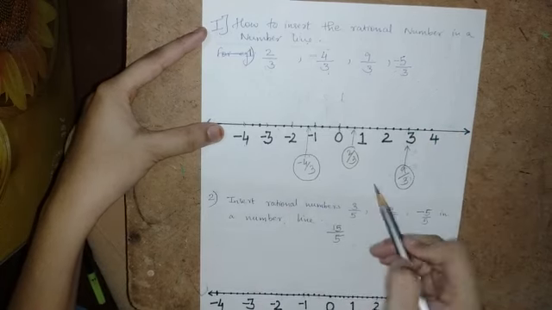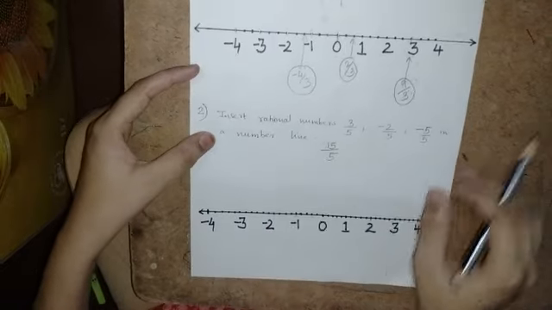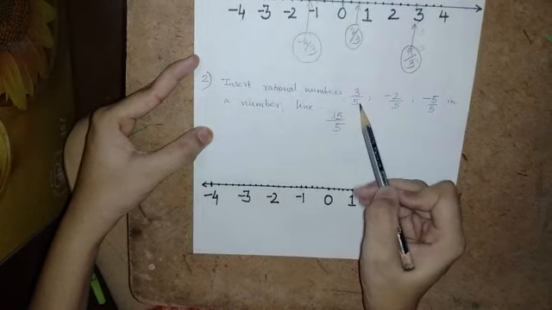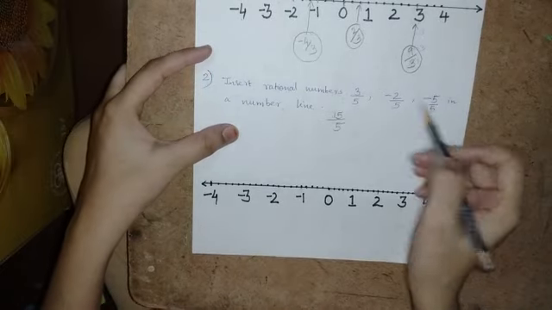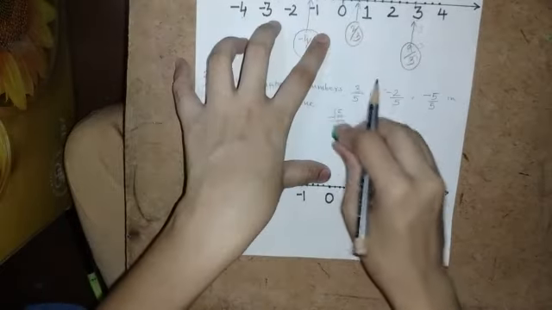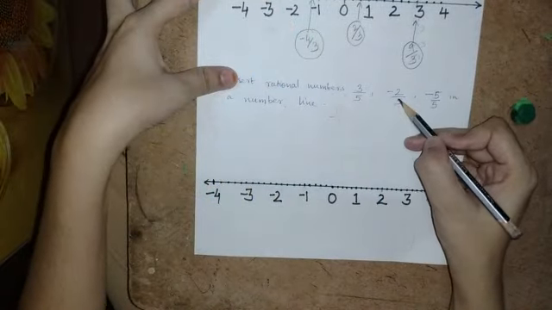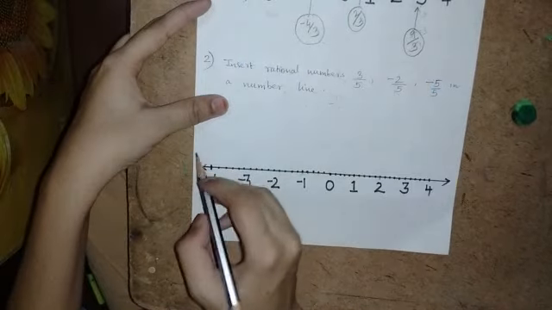So similarly, let me give you one more example of how to make this number line. Insert the rational numbers 3 by 5, minus 2 by 5, and minus 5 by 5 in a number line. See, 3 by 5, minus 2 by 5 and minus 5 by 5 in a number line. So what do we have to do first?